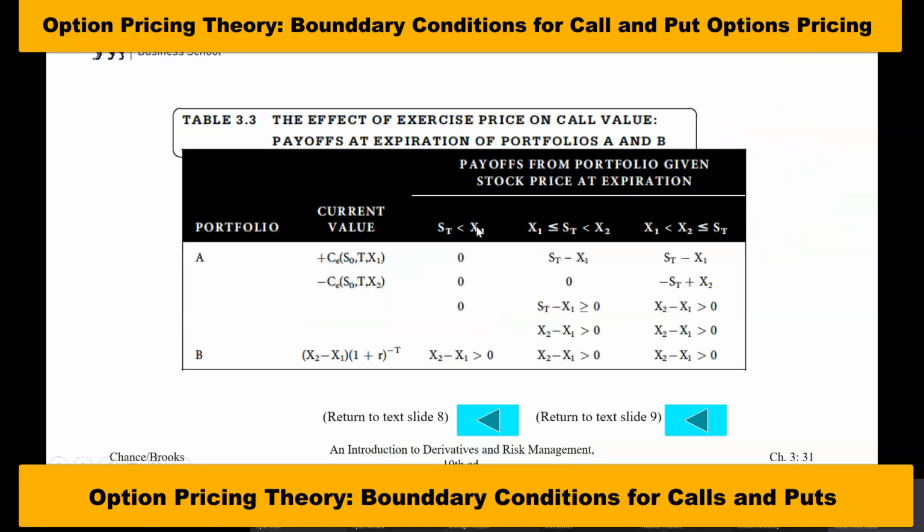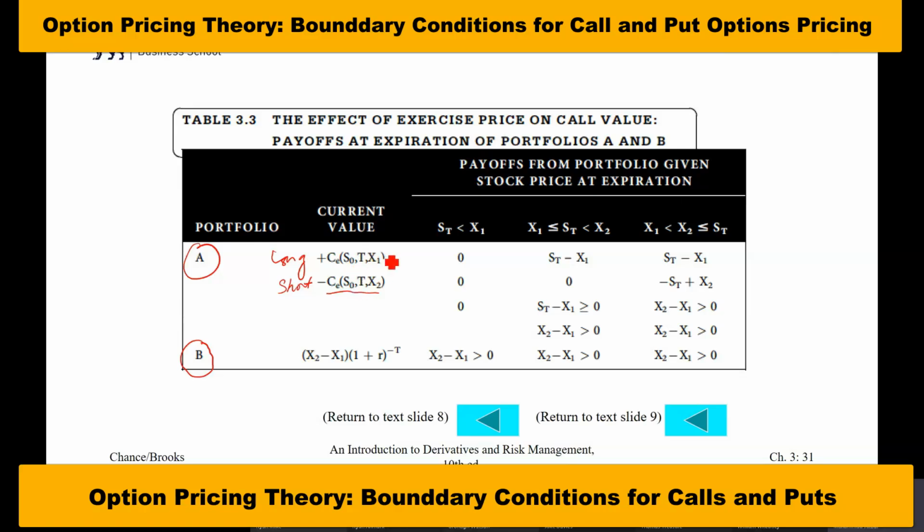So here we have portfolio A and portfolio B. In portfolio A, we have a long position in the call that has an exercise price of X1, and a short position in a call option that has an exercise price of X2. The call options are on the same stock, let's suppose DCRB shares.